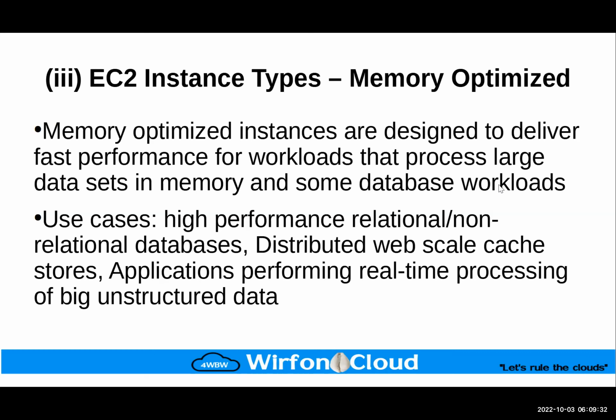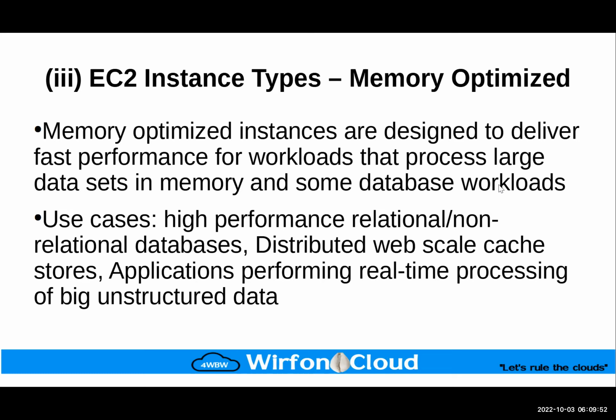Then you have the memory optimized, and these are designed to deliver fast performance for workloads that process large data sets in memory and in some database workloads also. And the use cases here are for high performance relational and non-relational databases.